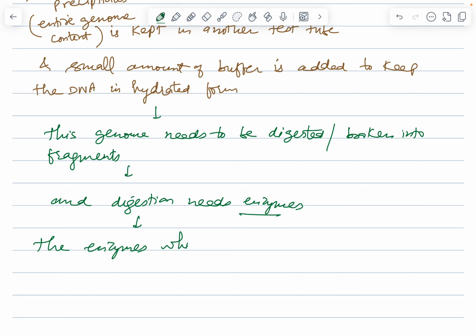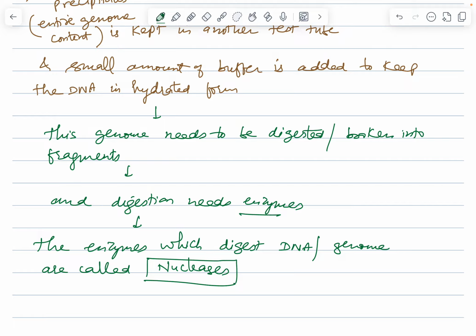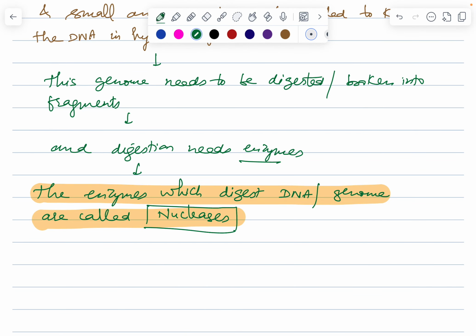The enzymes which digest DNA or the genome which is there in the test tube, what are they called? Nucleases. The enzymes which digest the genes or DNA or a genome, what are they called? Nucleases.